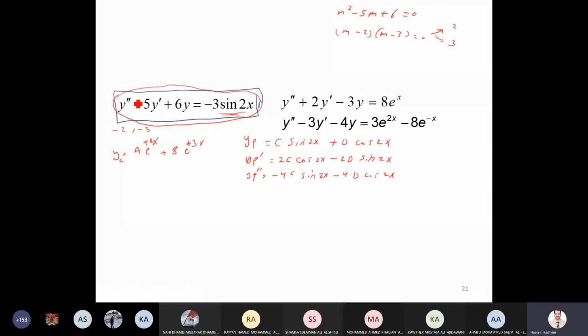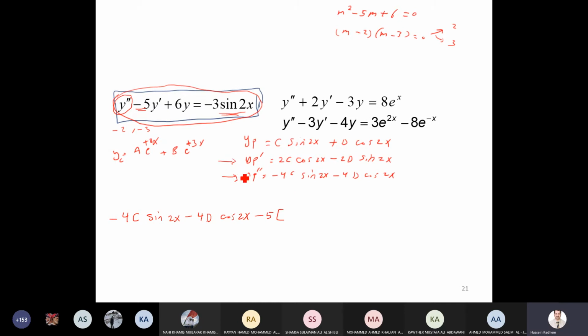Now for this y double dash, I will substitute this one. It will be minus 4c sine 2x minus 4d cosine 2x. Next, minus 5, open bracket. Where is y dash?